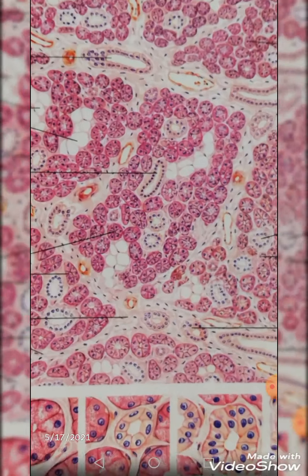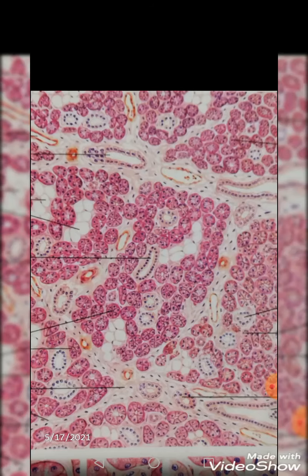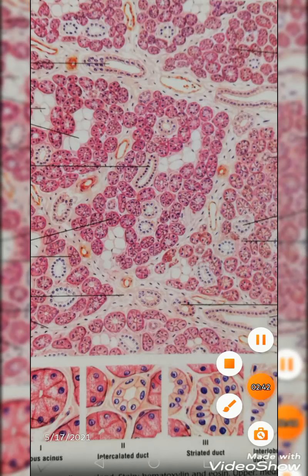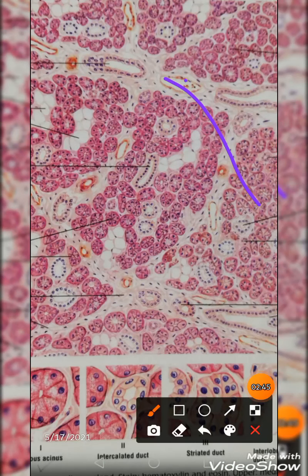It is covered by a well-marked connective tissue capsule that sends septa inside. Let me mark these septa, which carry blood vessels and show various ducts. You can visualize the darker stained serous secreting acini, and the lighter stained ones are the various ducts, either secretory or excretory.